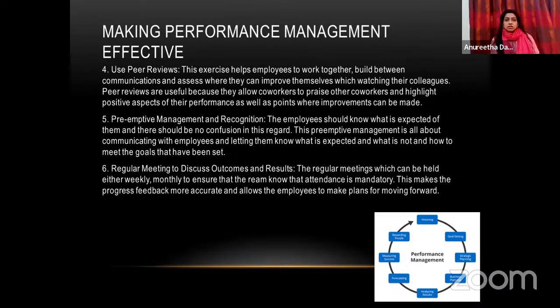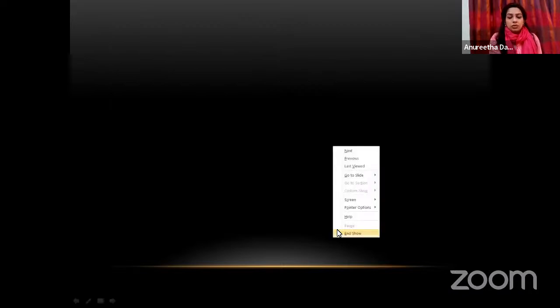What high-end utilization are they building to make communication more seamless for employees? You have to work together to understand their work levels as well. Preemptive management and recognition means employees should know what is expected of them and should not be in confusion. And regular meetings to discuss outcomes and results: you need to meet regularly to understand the results, right?